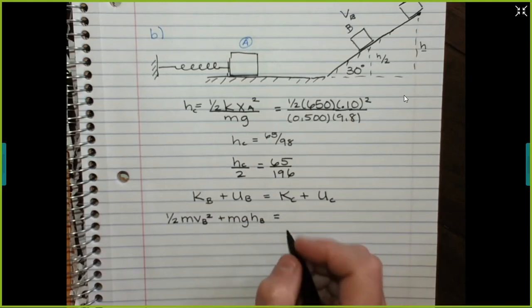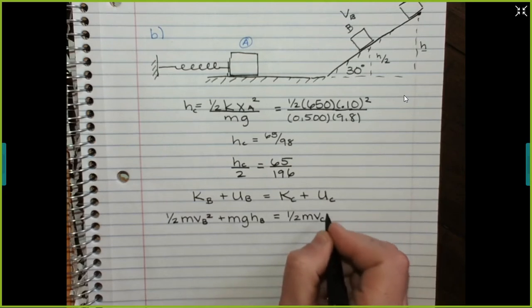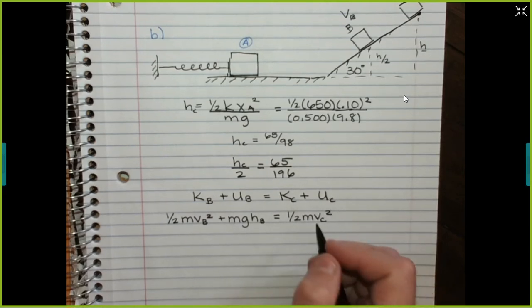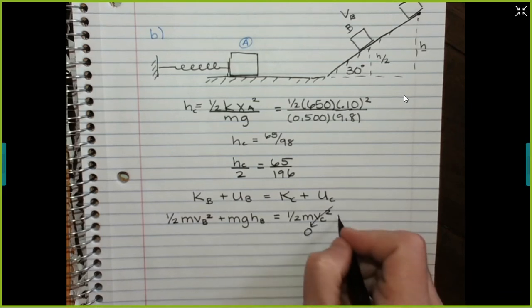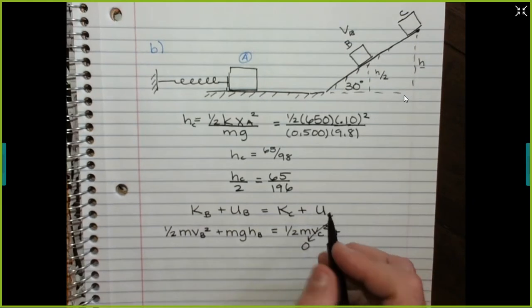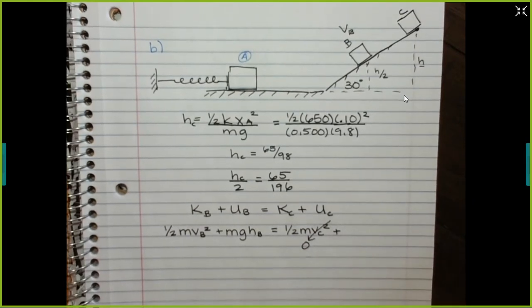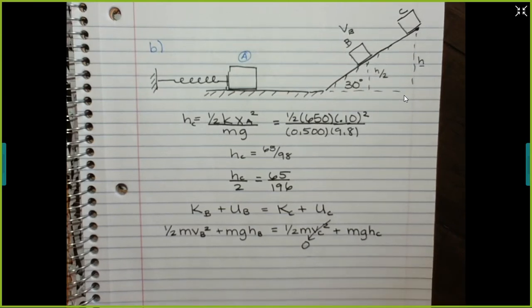But we're writing height B. Okay, so 1/2 mvc squared. It's actually at rest here, so I should just set this equal to 0, right? Plus the potential energy due to elasticity, or the spring, but there's no spring involved over here, so I don't have any of that. And then I have the gravitational potential energy, so mgh at C.